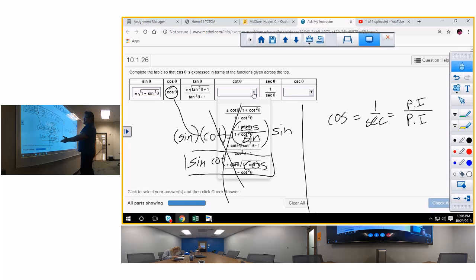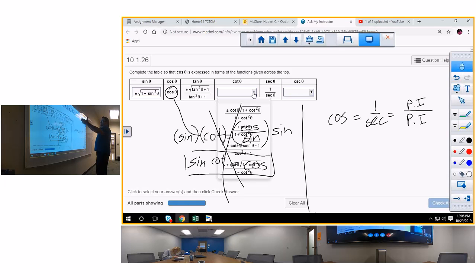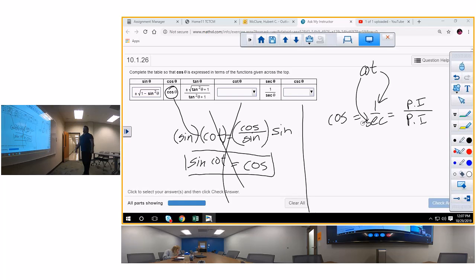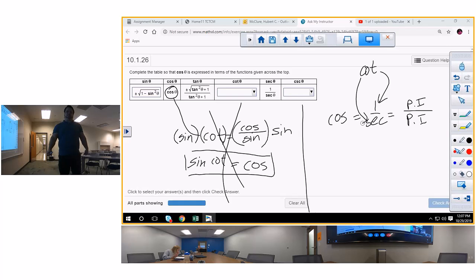See, everything's written in terms of what? Tangent and cotangent. So you may be able to rewrite these in terms of 1 and in terms of secant. Do you see what I'm saying? Yeah, I do. Yes, sir.